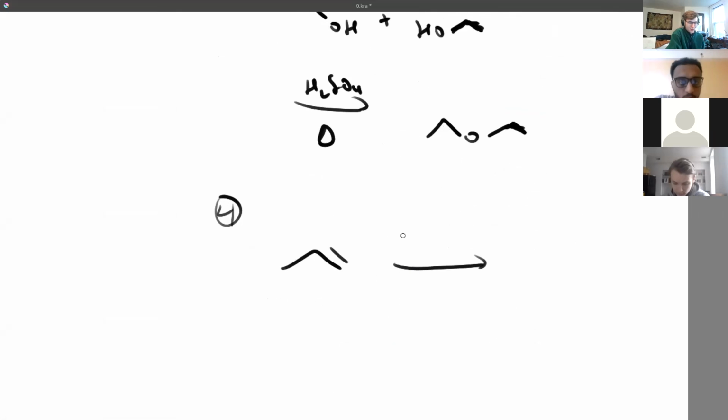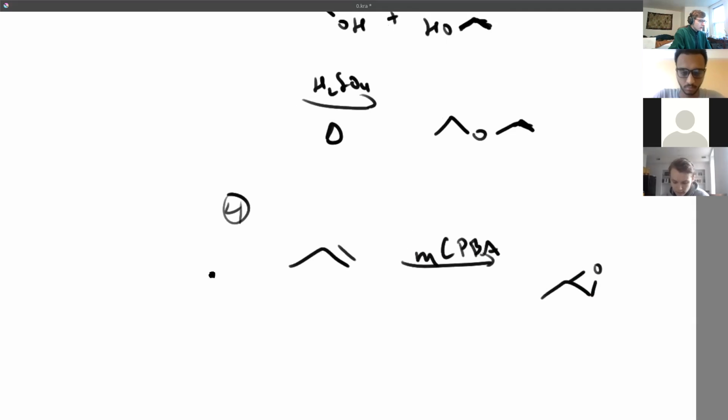Maybe this isn't one that comes to mind right away, and I'm sure you're all very familiar with this anyway, but we can add MCPBA and make an epoxide, which technically counts as an ether. So technically it counts, in practice not really. Epoxides are in a league of their own, right? So, yeah.